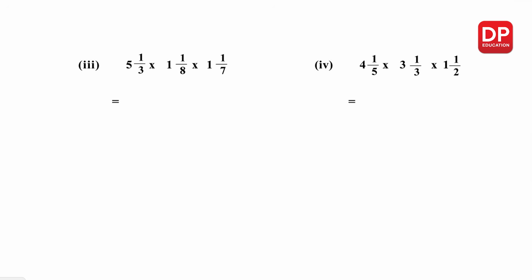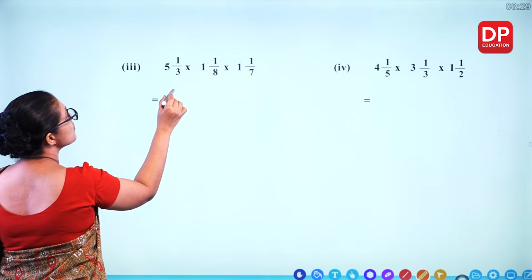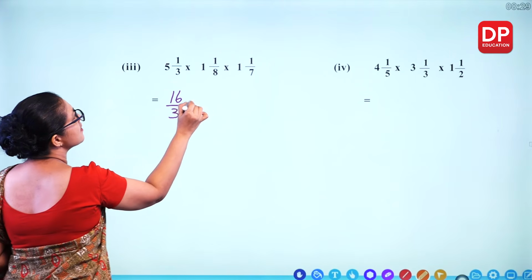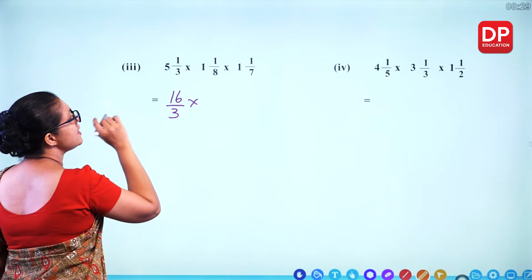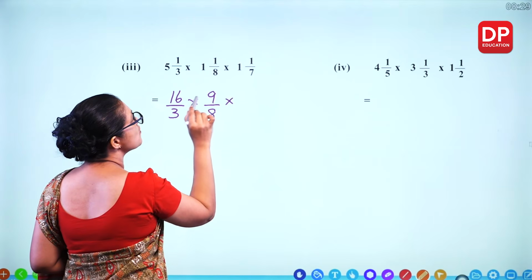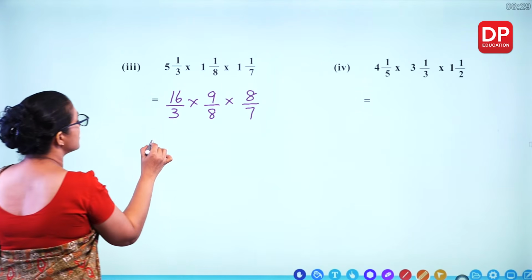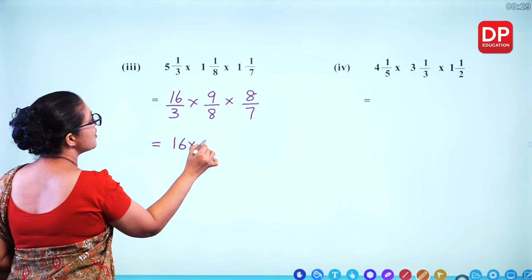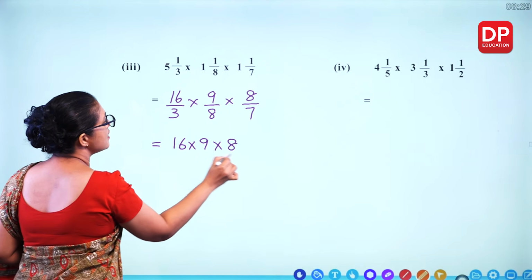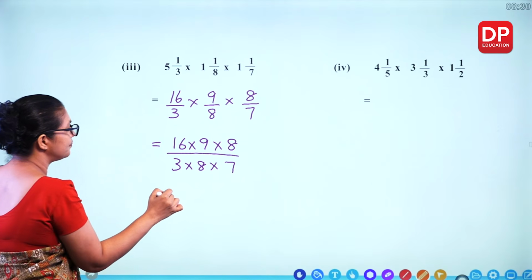Another 2 questions. Convert to improper fractions. 5 times 3, 15 plus 1, 16. Here 8 times 1, 8. 8 plus 1, 9. 7 times 1, 7. 7 plus 1, 8. Now multiply the numerator separately, denominator separately.